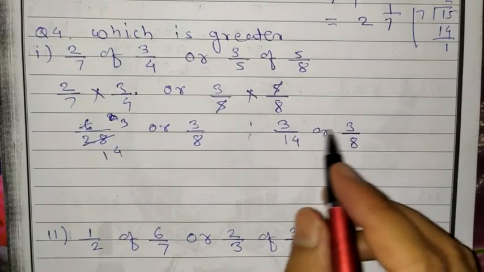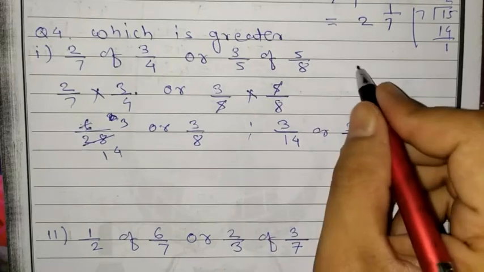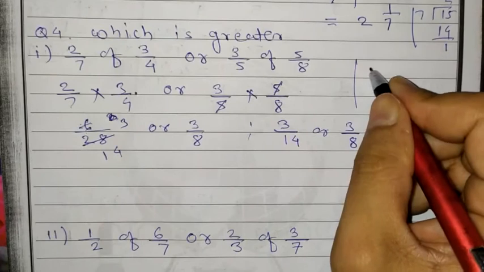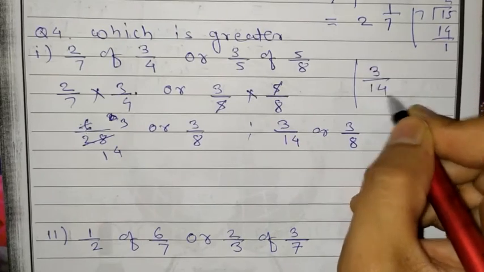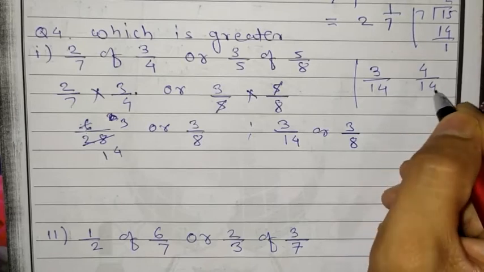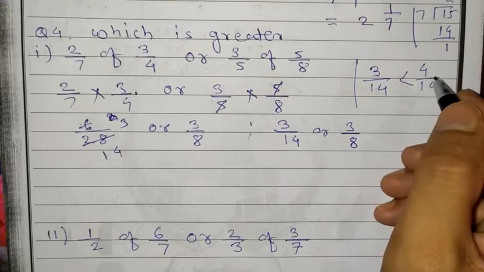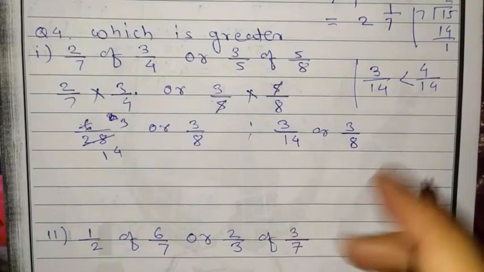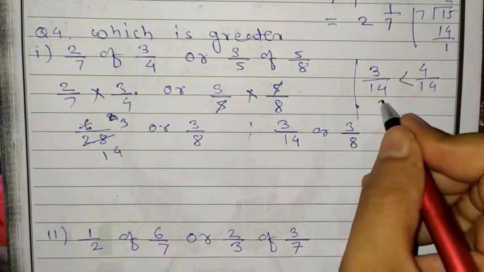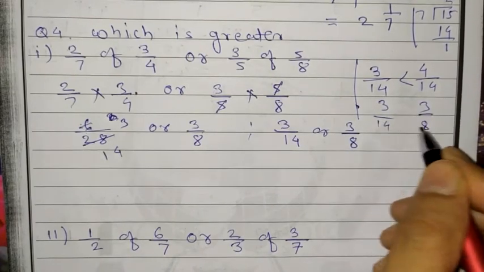Now you see carefully, their numerators are the same, denominators are different. So what we learn: suppose the numbers are like that, 3 upon 14 and 4 upon 14. If the denominators are the same, the number with the greater numerator will be greater. So here it will be reverse. Suppose the numerators are the same, like 8, 14.